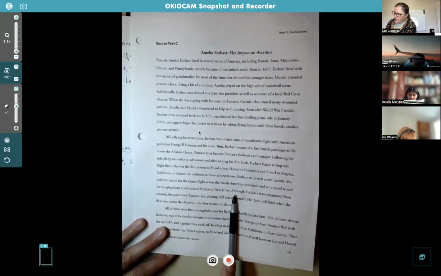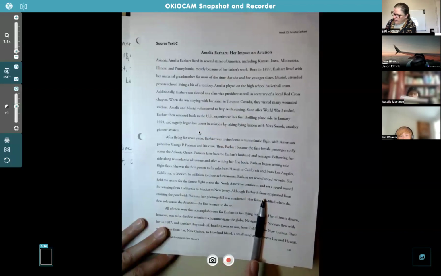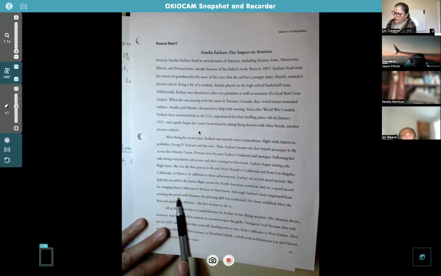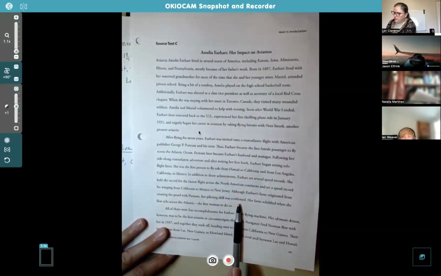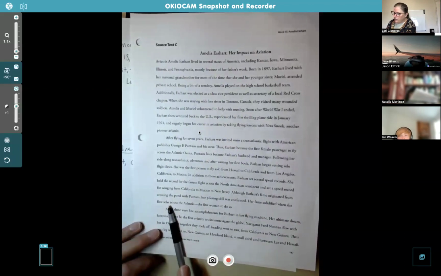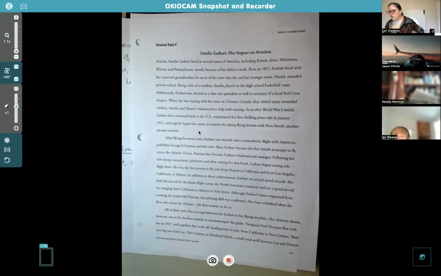Anyway, although Earhart's fame originated from crossing the pond with Putnam, her piloting skill was confirmed. Her fame solidified when she flew solo across the Atlantic, the first woman to do so. So there's not a whole lot of new facts here, but a little more detail, like it's telling exactly what states she flew across.